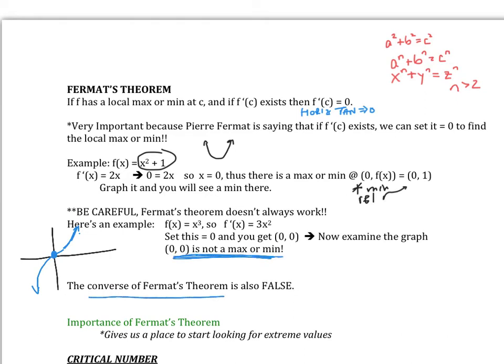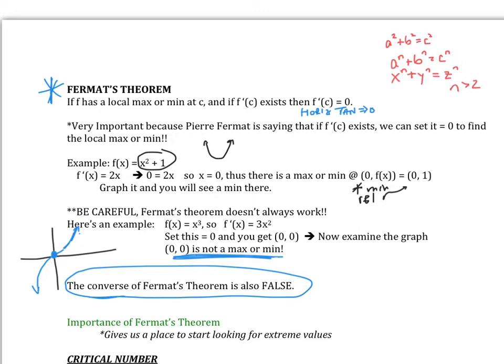That means the converse of Fermat's theorem is also false. But nonetheless, Fermat's theorem is super duper important because it gives us a starting point. It gives us a point where, hey, look here, set it equal to 0, and you can determine that it may have a relative maximum or minimum there.